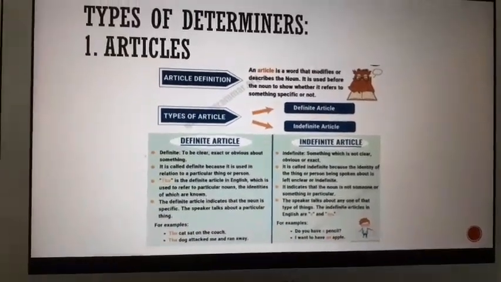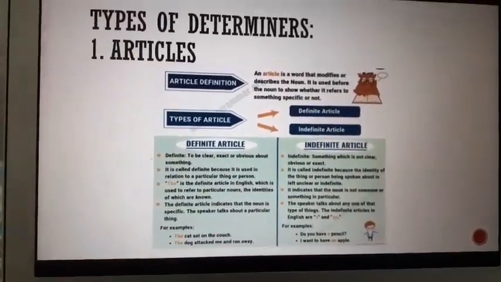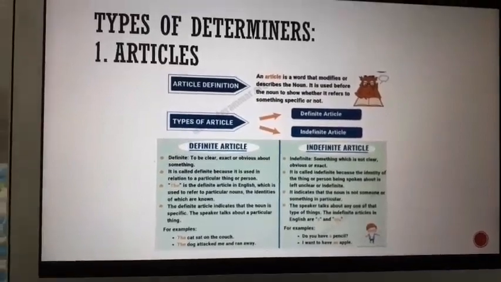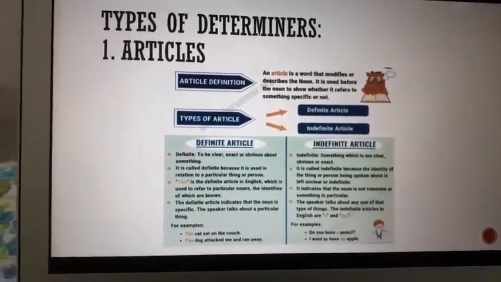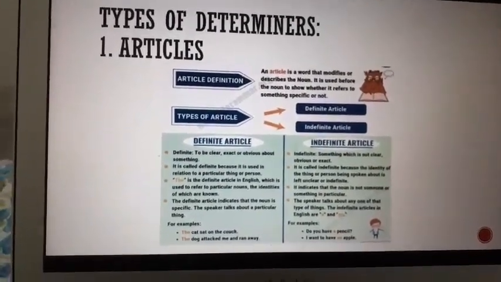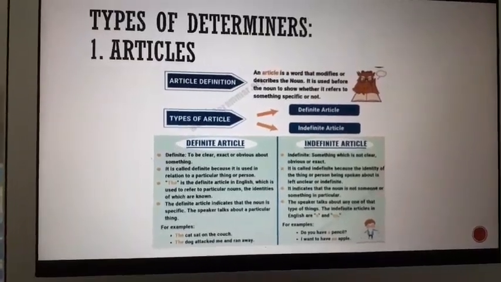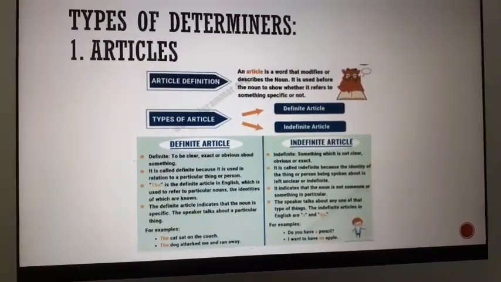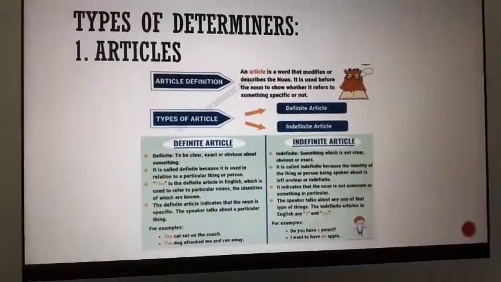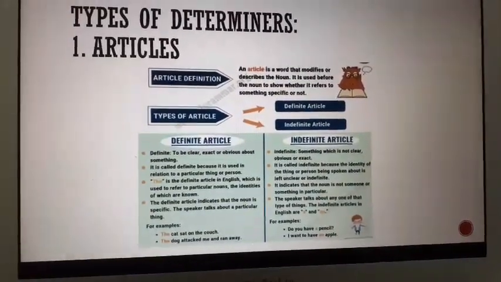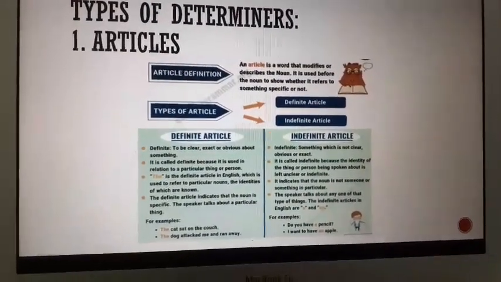Now, a definite article is used when you're talking about something very clear, exact, something very obvious, something specific. For example, I'm talking about the Taj Mahal. So I might say the Taj Mahal because there is only one Taj Mahal. The Taj Mahal is in Agra, right?